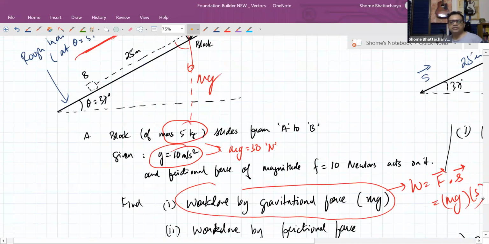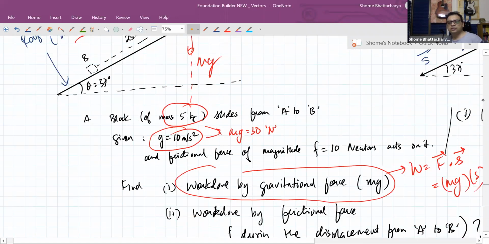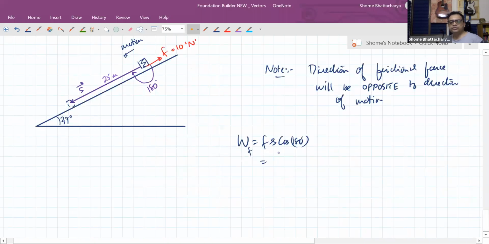And the friction's magnitude was given in the question as 10 newtons. So this will become 10 newtons, 25 meters, but cos 180 is minus 1. Remember, cos 180 degrees is minus 1.